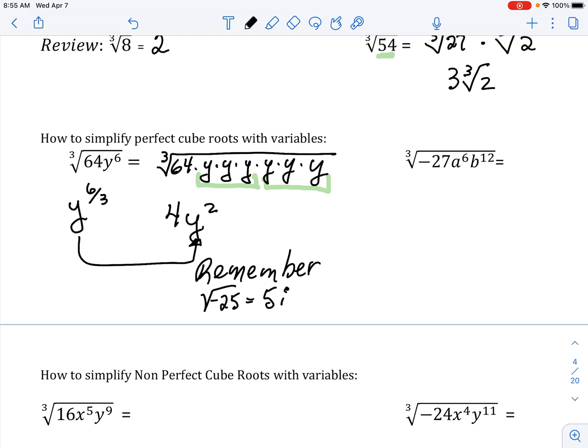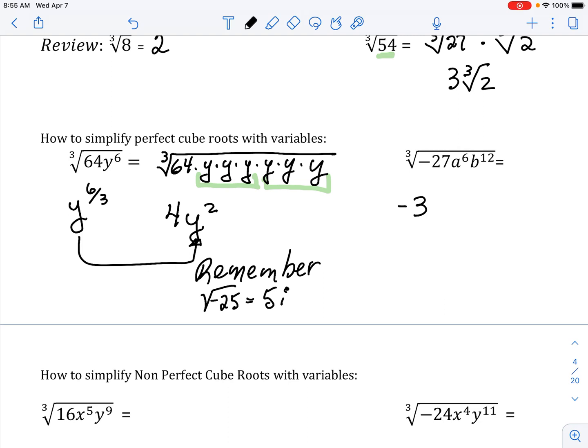Cube roots are different because if you multiply a number times itself 3 times and that number is negative, the result will be negative. And so we can take the cube root of a negative number and still have it be a real number. So the cube root of negative 27 is negative 3. Think about it. Negative 3 times negative 3 is a positive 9.